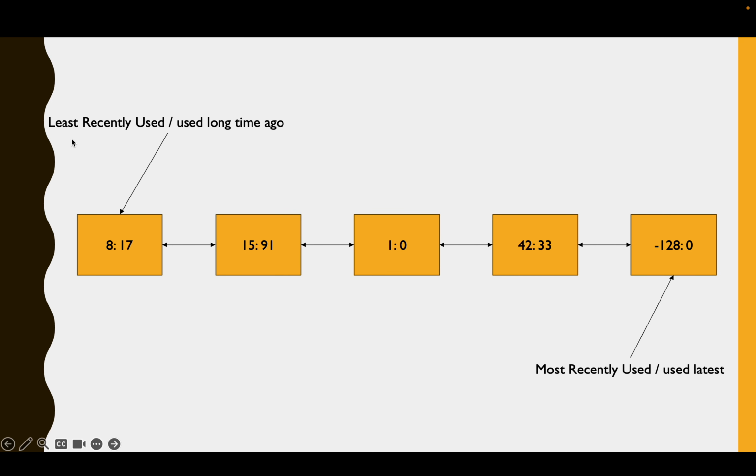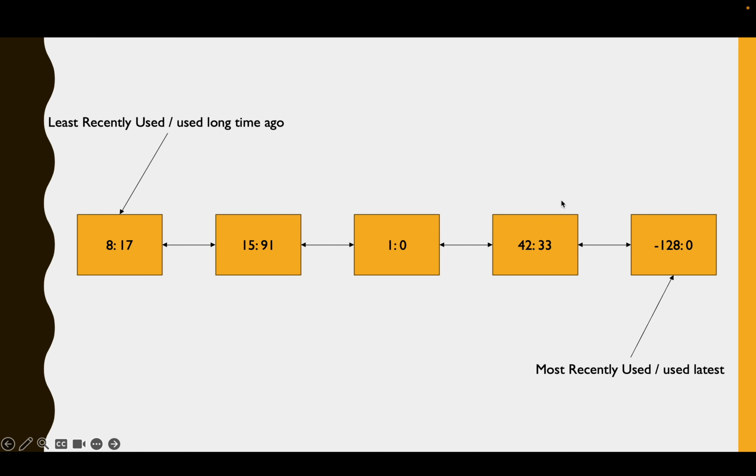Now the important thing to note here is it is maintained in a way where the most recently used item, the item on which we performed any operation, whether it was insertion, update, access, any kind of operation, should always be at the head. And the item which was least recently used, or we used it a long time ago, should be at the last.